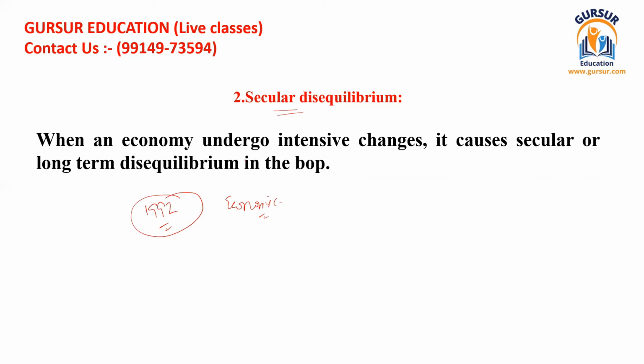So we underwent intensive changes. We made so many laws. Many laws were amended, new stock exchanges were opened. So the disequilibrium which is long term, which happens because an economy is undergoing intensive changes, is known as a secular disequilibrium.